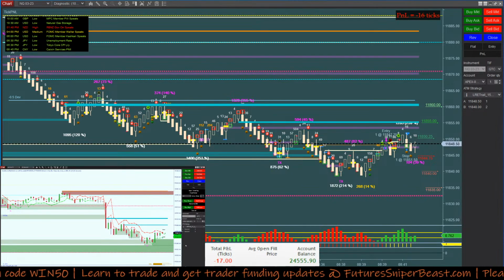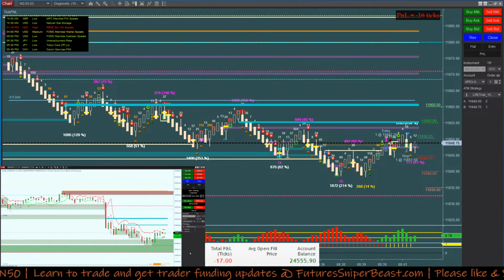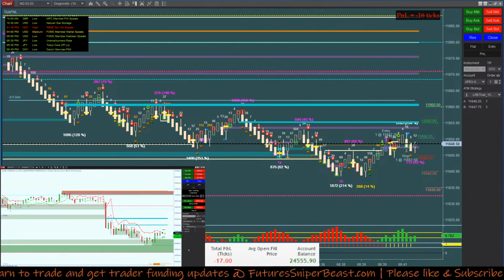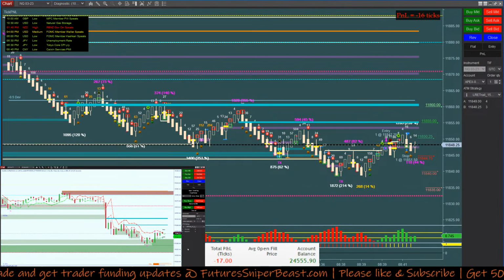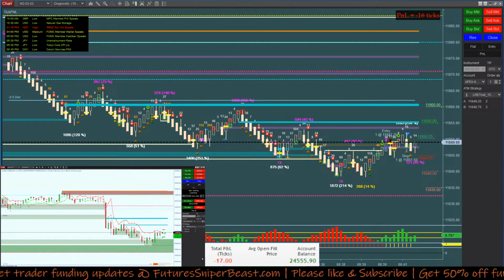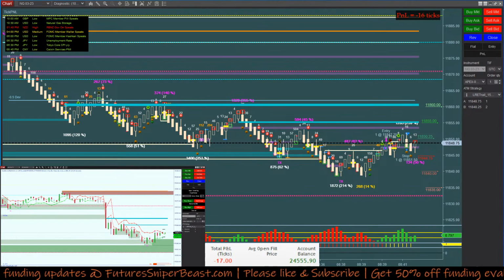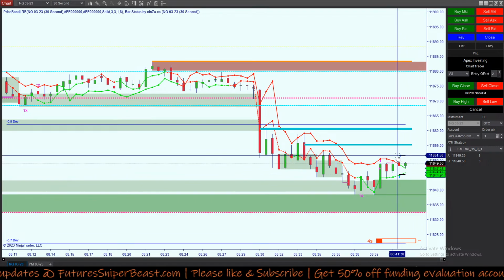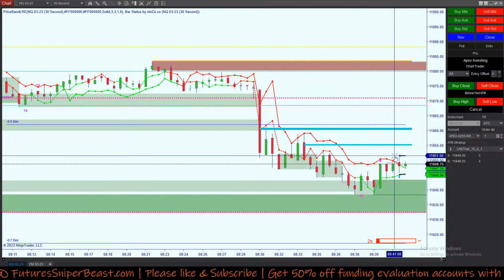Still fighting. I think it's still going to come down, but we'll see. Look at that. Spiked right up and got me right there.